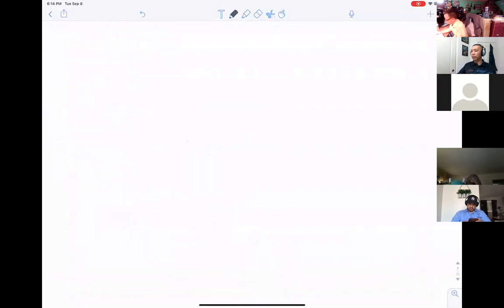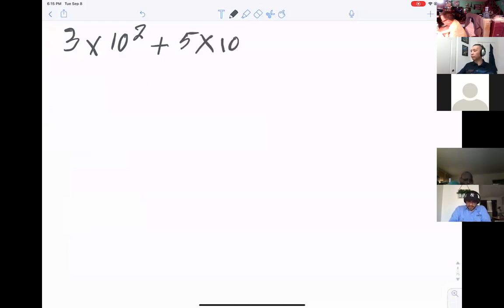Now, if you get 3 times 10 power of 2, and you add 5 times 10 power of 3, what do you think you can do?